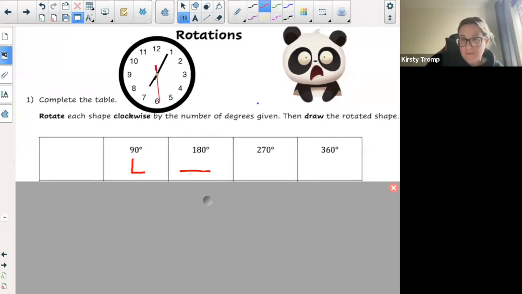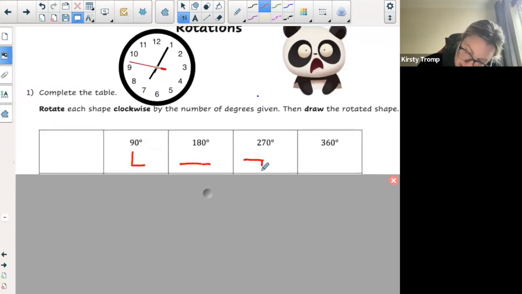Okay. If something is moving 270 degrees, guys, how are we going to show 270 degrees? Let's think about it. Well, if we've got 270 degrees, we've kind of got a line like this, and we could do it like that, and it's like on the outside like that. So that would be 270 degrees.